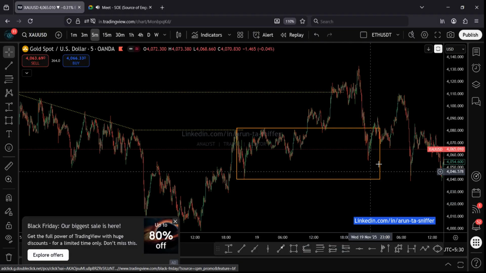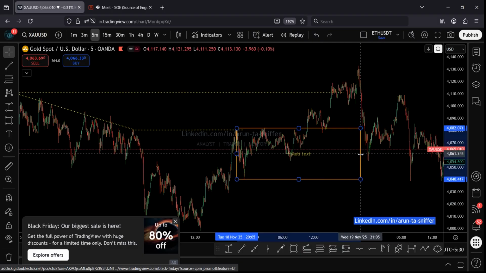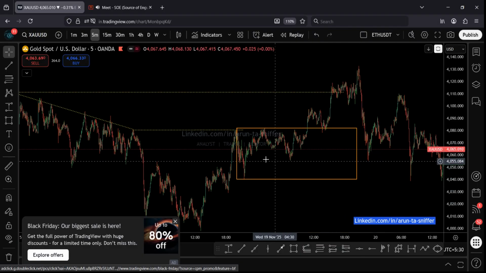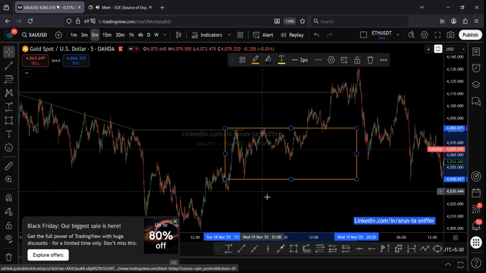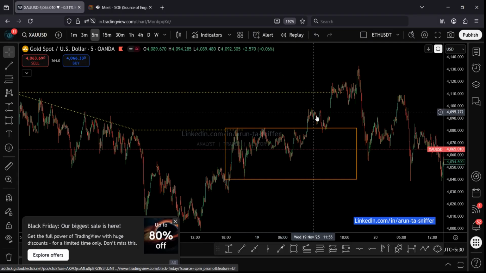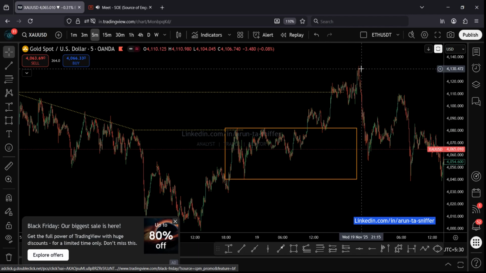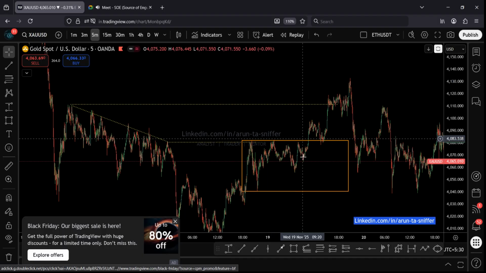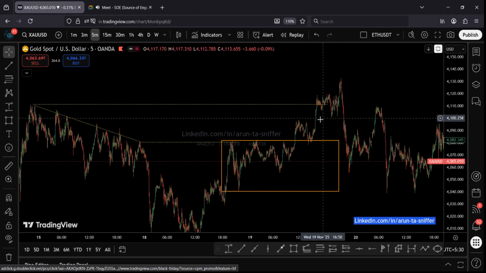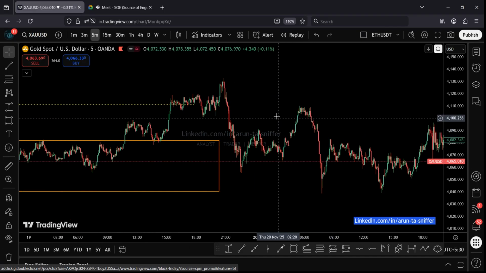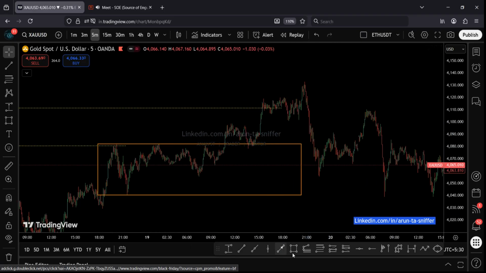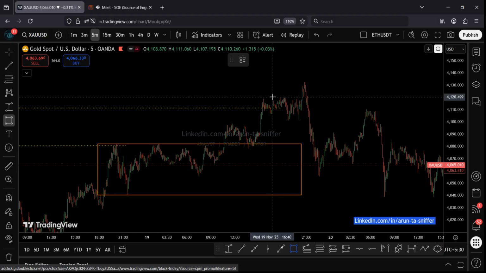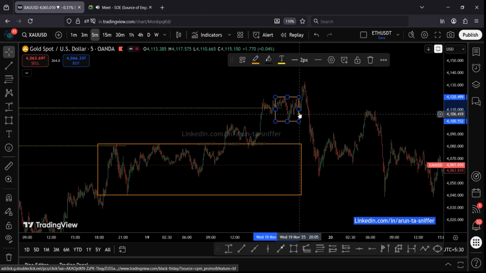Okay, and what happened? PCP sent price to the target. PCP sent price to the ECP, and ECP also was successful here. If you look at here, ECP was also successful.